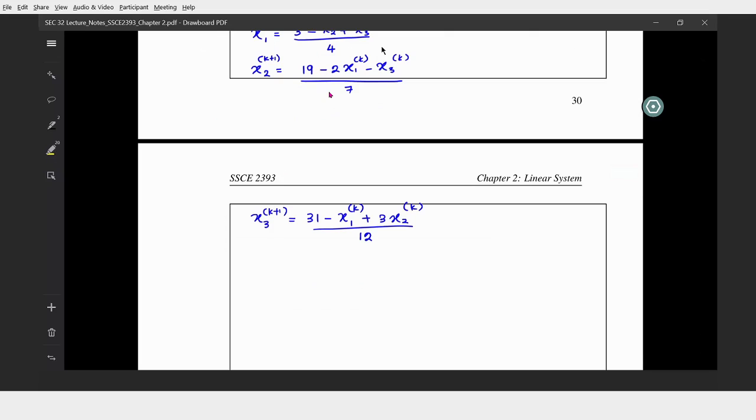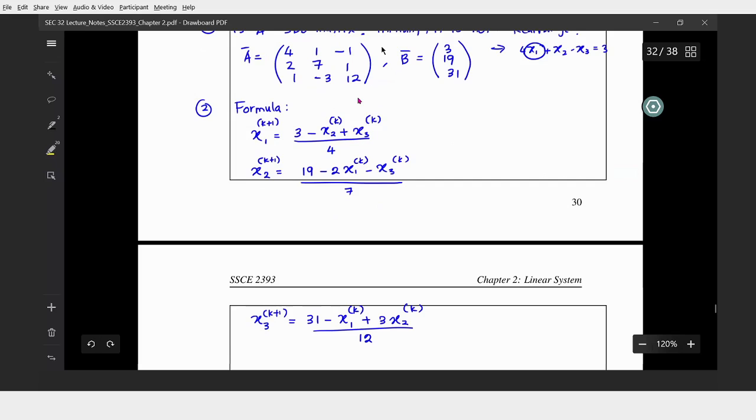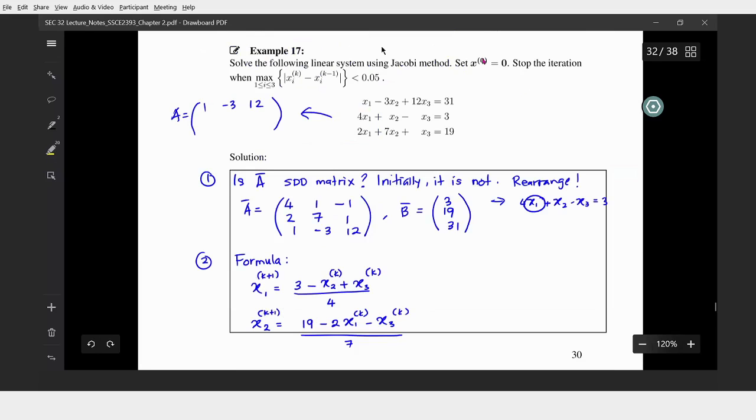The given initial guess: x naught at 0 equal to 0 is your initial value for x1, x2, x3, given in the form of a vector. You can see the bold font style here, meaning you have a vector.